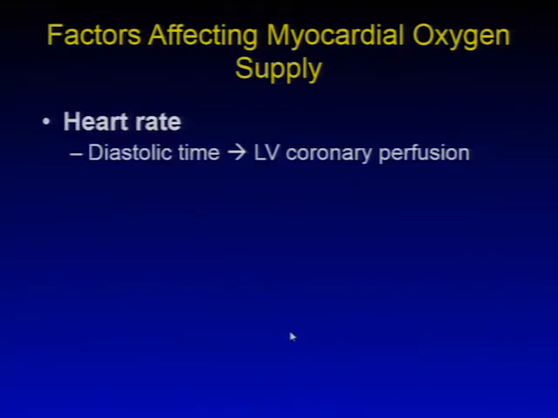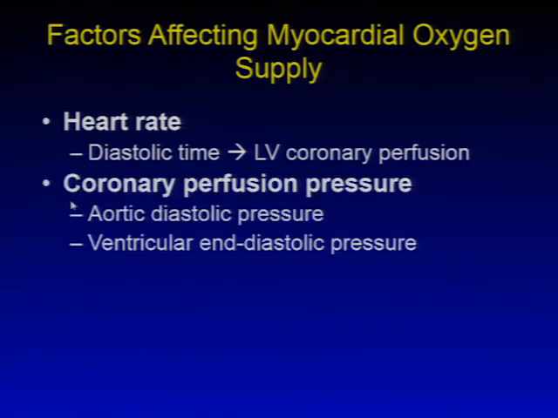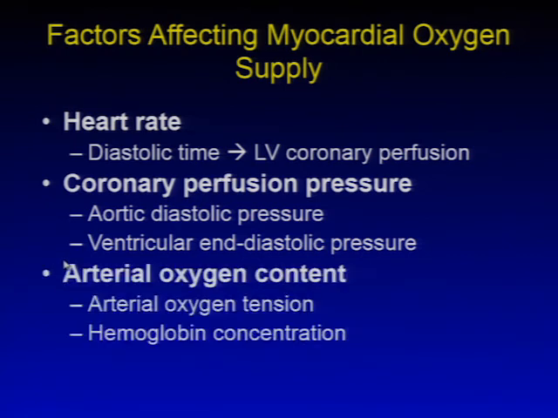So what affects myocardial oxygen supply? Well, one of the first things we think about is heart rate. As I had mentioned, the LV is perfused primarily during diastole. So by having a lower heart rate, there's more diastolic time and that allows for more coronary perfusion. Coronary perfusion pressure is equal to the aortic diastolic pressure minus the end diastolic pressure within the ventricle, as well as arterial oxygen content.